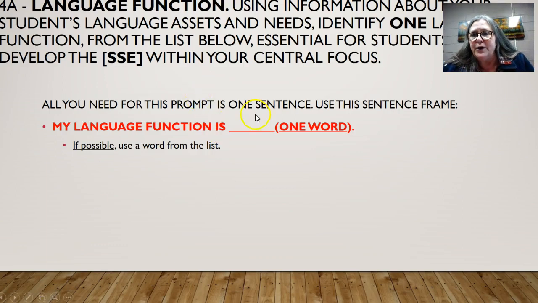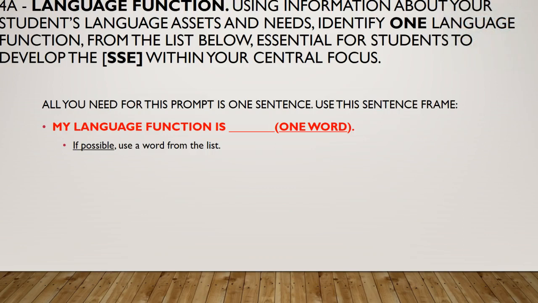So the first thing we're going to look at is just 4A. What you're going to do is think about, in your entire learning segment, what is the best activity that you did that involved language? And you're going to write about just one of those.